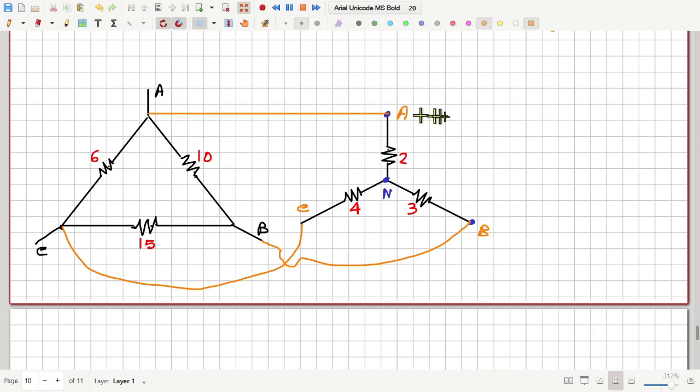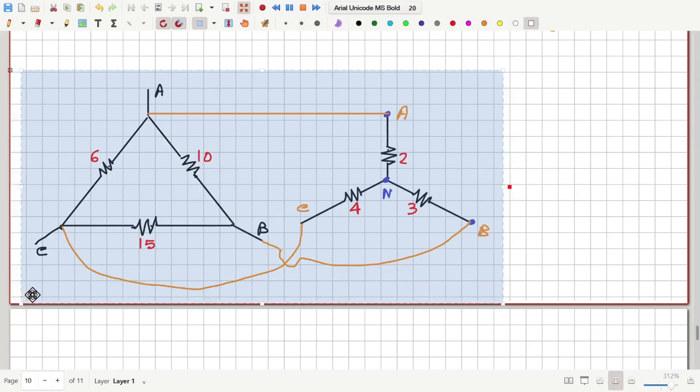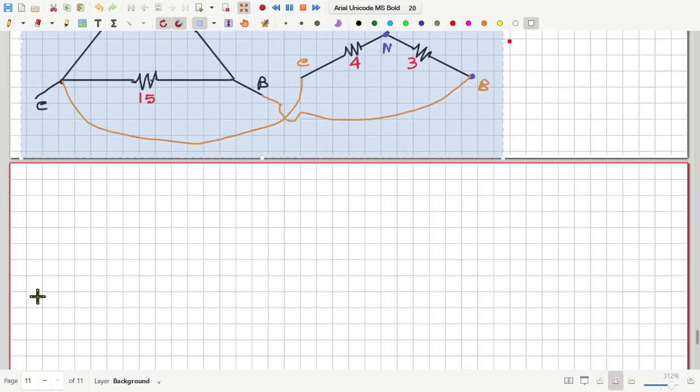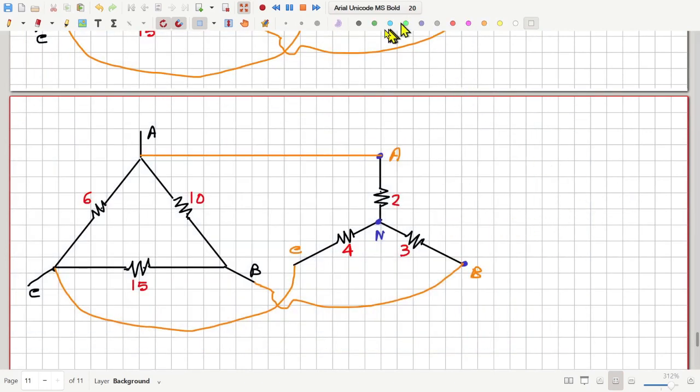Next, we will apply a delta to star conversion. So for that, I'm going to convert this delta into the equivalent star. So we will remove these 3 delta connected resistors and replace them with their equivalent star configuration.